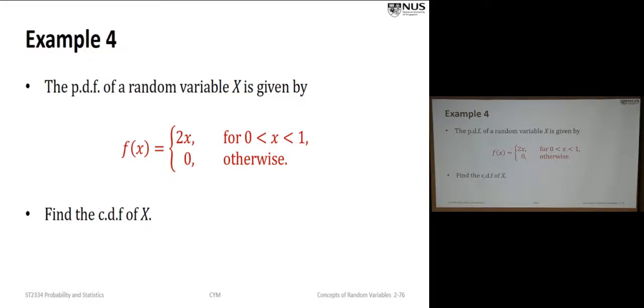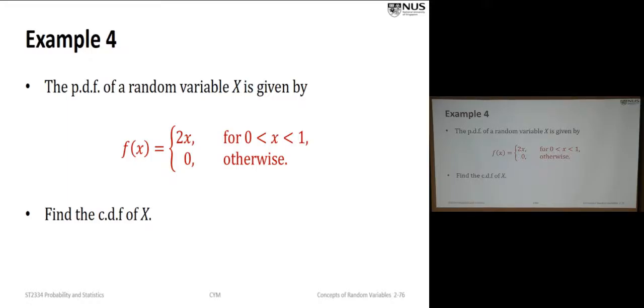So here we continue with the examples. Example 4: we are given a random variable x, and the range of x is between 0 and 1. Within this range, we have values associated to each value, representing the degree of uncertainty, or how likely the random variable takes that particular value.